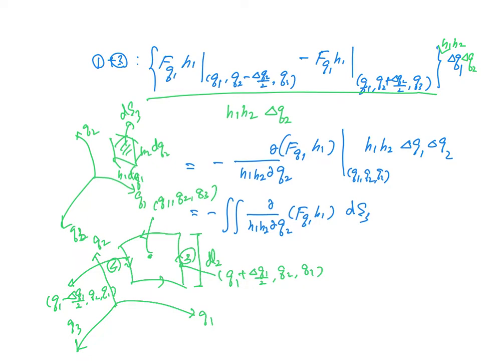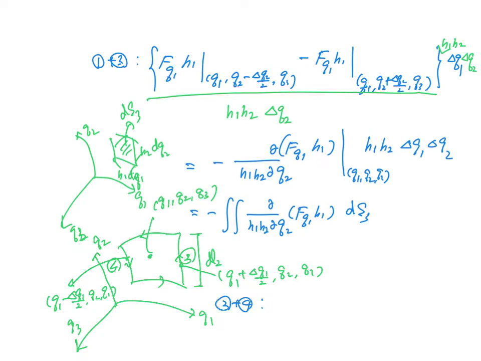So if I do this integral, 2 plus 4 will be the following, because for the 2, direction is in Q2 axis, right? So the inner product will give you FQ2. And this is minus.